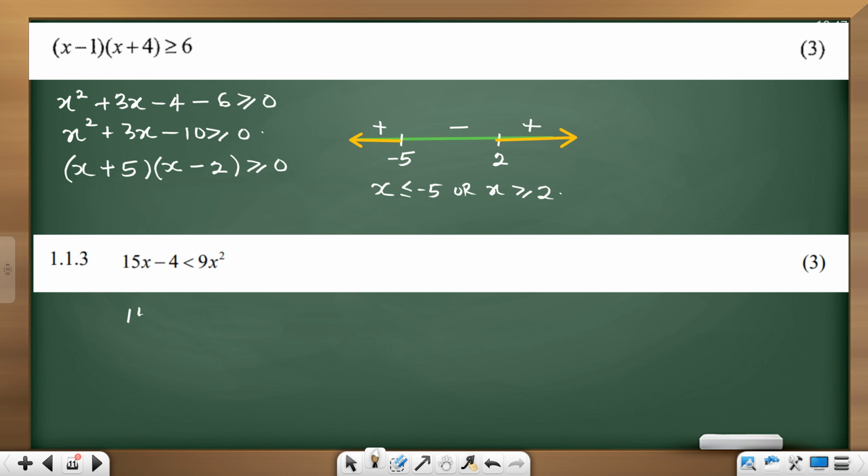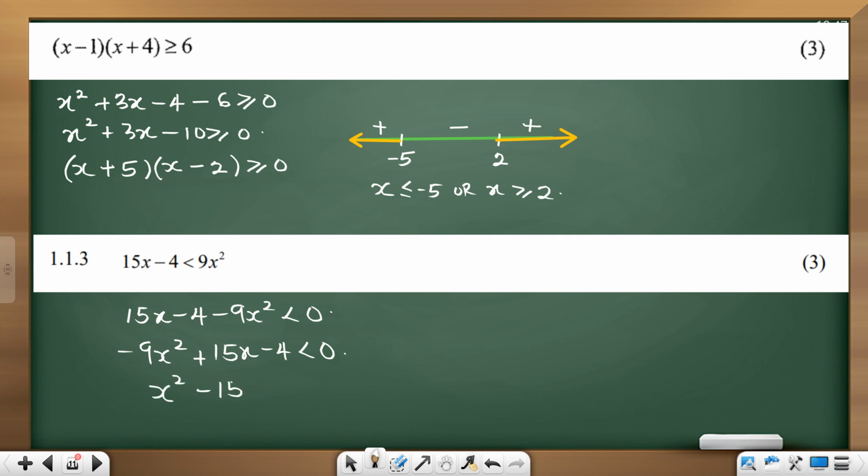Here, 15x minus 4 minus 9x squared is less than 0. Okay, let's just rearrange quickly. Please keep your x's on the left for simplicity, so that you don't confuse yourself. I have not changed my sign. Don't work with a negative a, so let's multiply everything by negative.